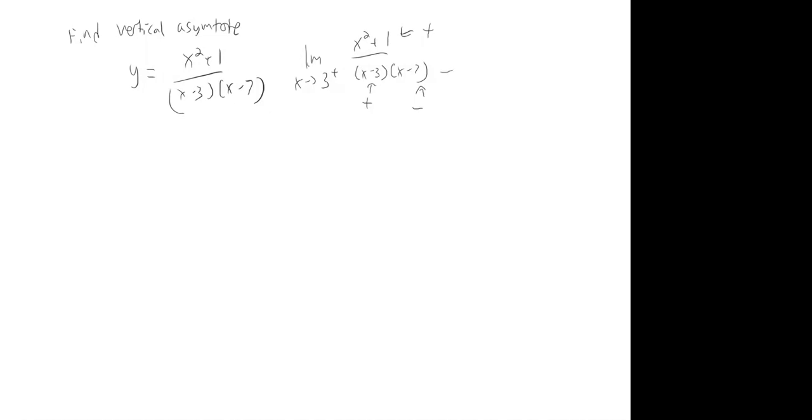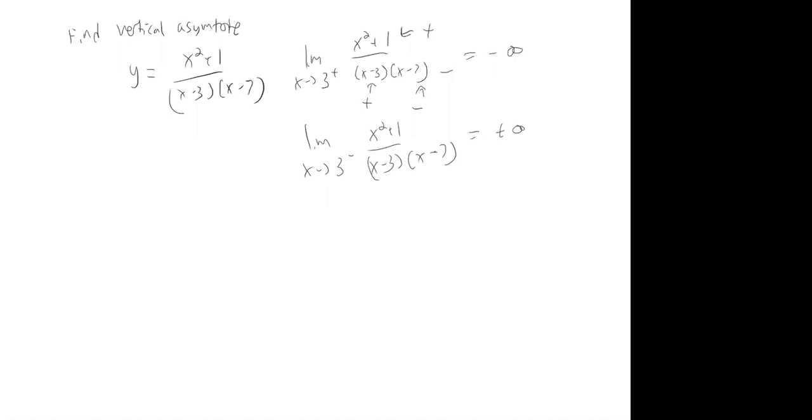And then I'm dividing a positive by a negative. Do I get a positive or negative number? Negative. So in this case it's negative infinity. And then you could play the same game on the other side, and you'll see that it's going to be positive infinity.